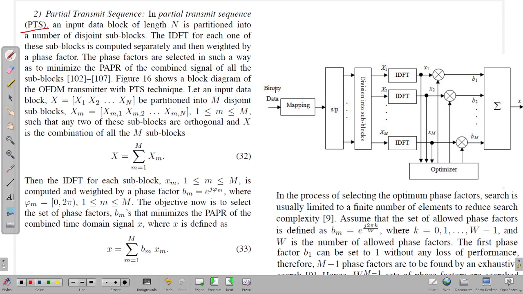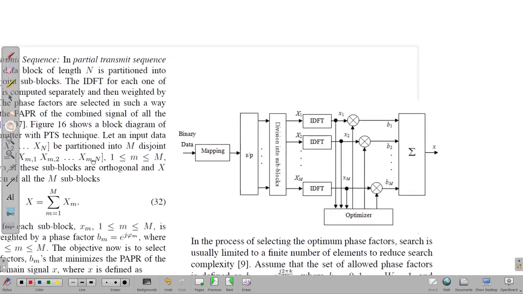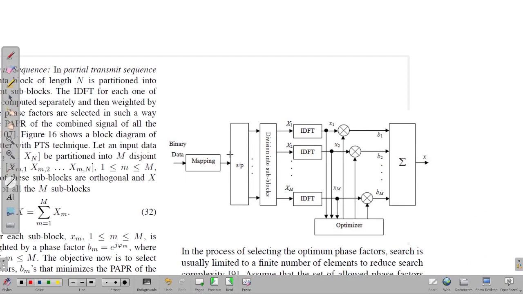So you have binary data here. It is getting mapped to modulated symbols. So let me just write that here.